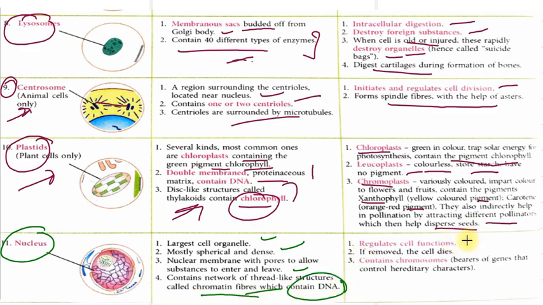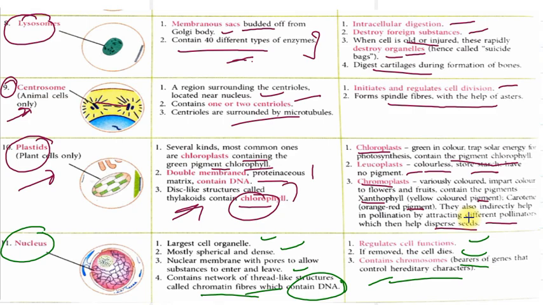They regulate cell functions. If the nucleus is removed, the cell dies. And they contain chromosomes, which are bearers of genes that control hereditary characters in our body, right?